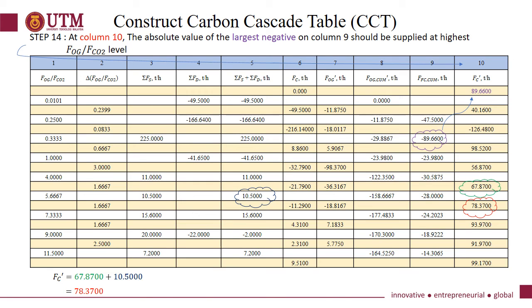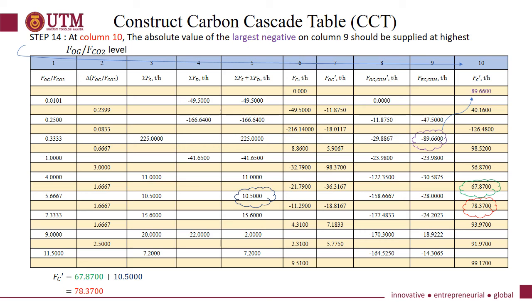In this case, the largest negative number on column 9 is negative 89.66, which is circled with purple color in the slide. Therefore, we will supply 89.77 at the highest FOG over FCO2 level, which is purple color in column 10.